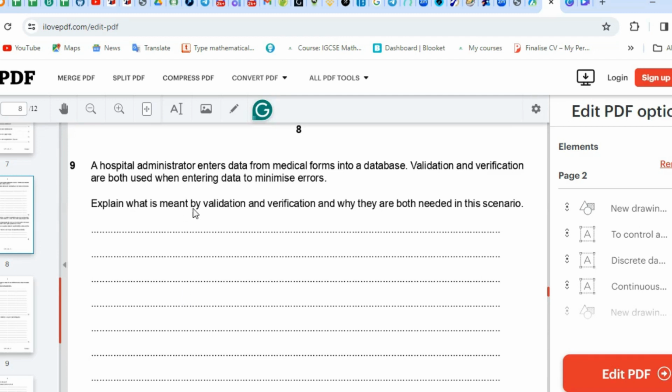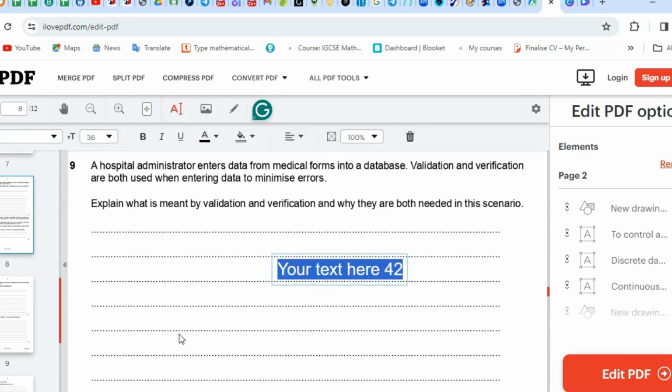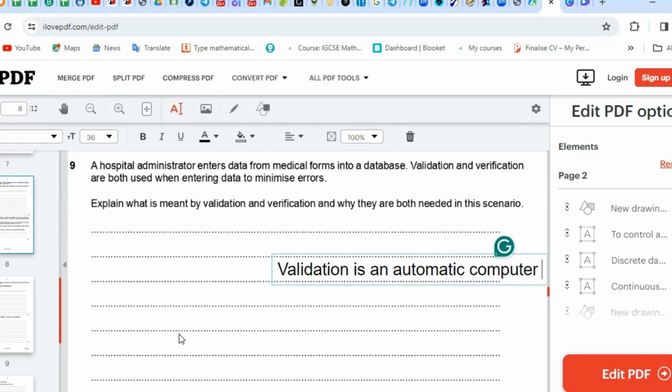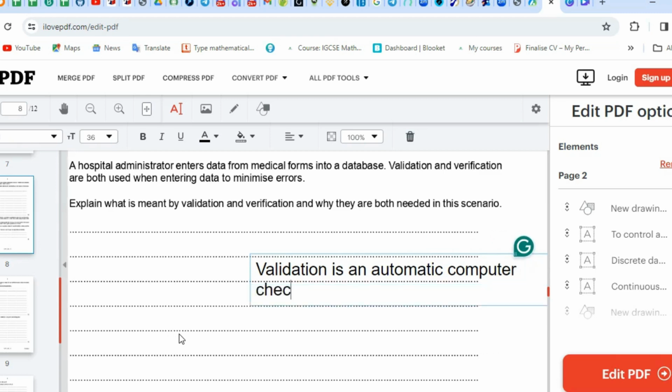Okay, so let's explain a bit. Validation is an automatic computer check. Why verification?